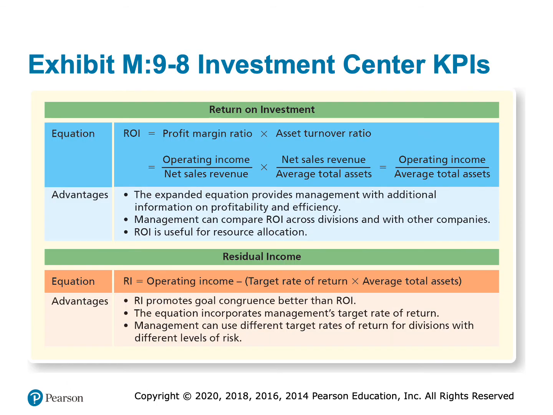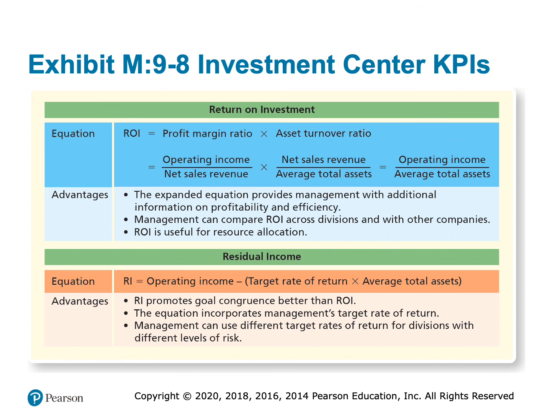So this chart just provides us some advantages and disadvantages. Both would be used commonly and definitely used interchangeably. We want to keep our eye on both. We really like this expanded ROI so that we can really see where we're doing well and where we're not doing so well. So if I were the manager here, I would want to investigate the e-learning division.